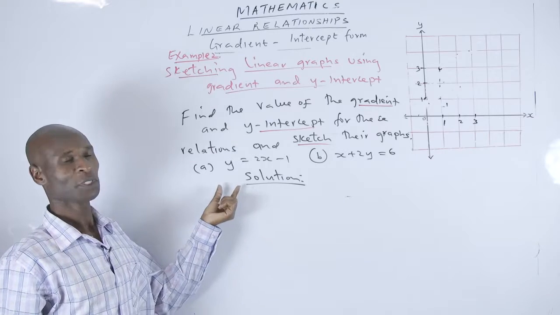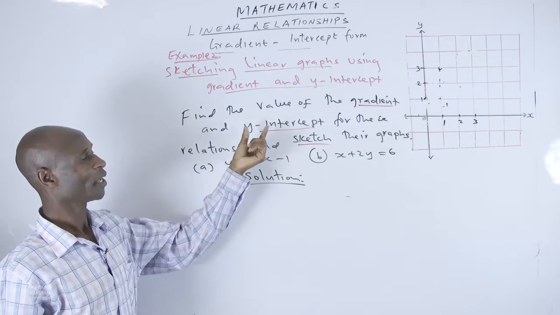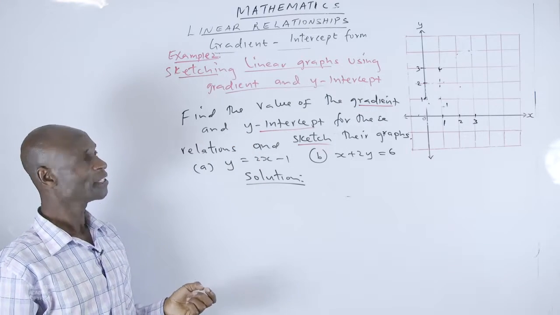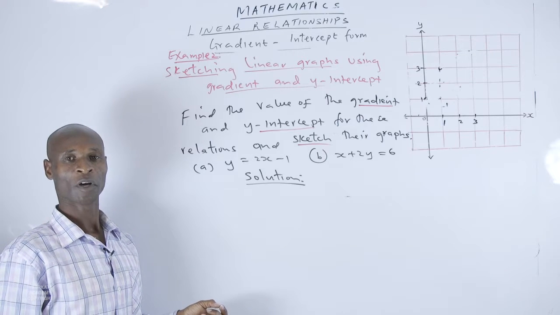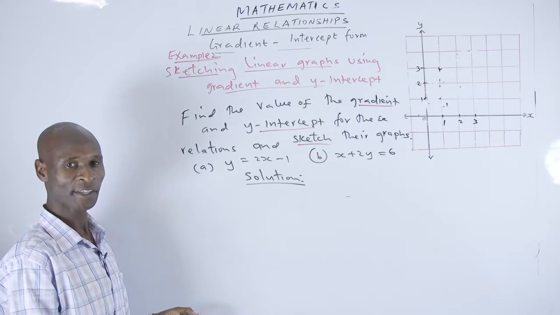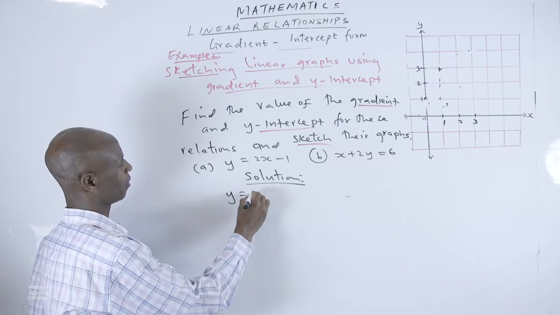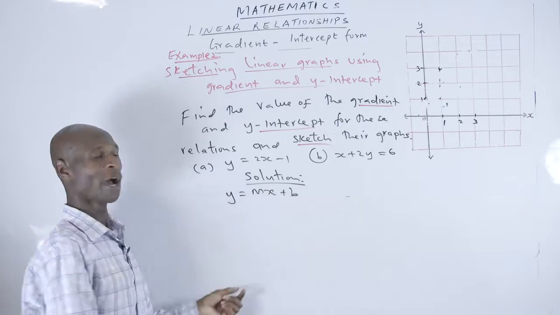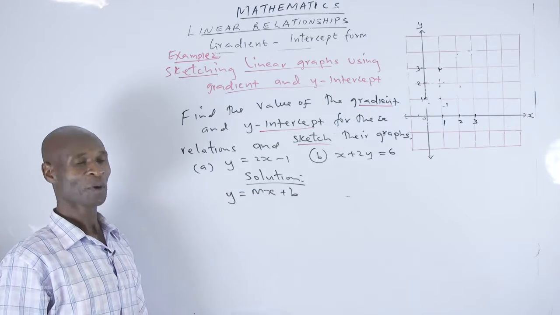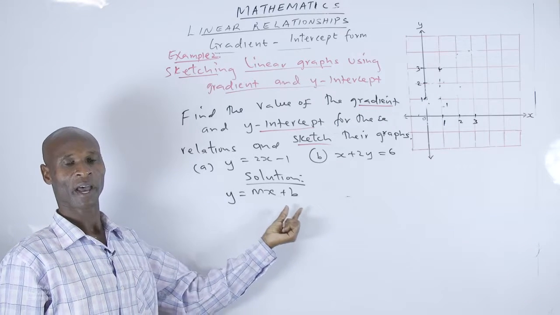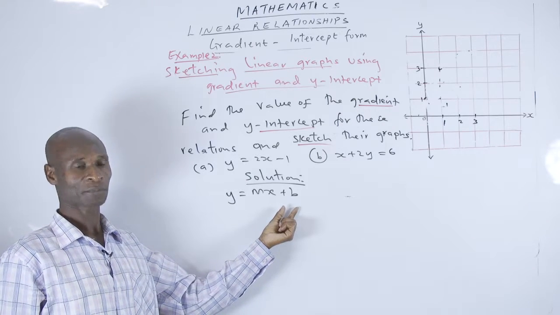So the first step we do is write down the gradient-intercept form of the equation of a straight line as y is equal to mx plus b, where m is the gradient and b the y-intercept.